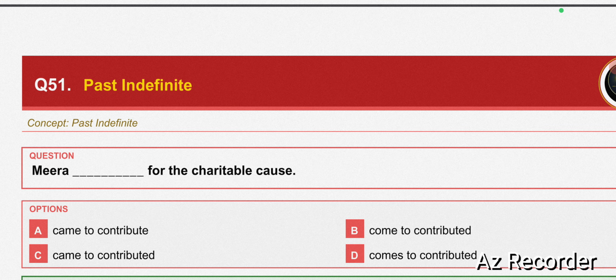The sentence starts with Mira does for the charitable cause, and we have to take the proper option from the given options.